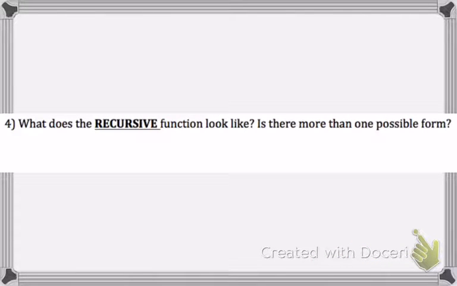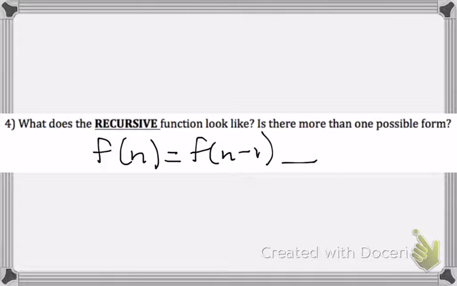Okay, recursive function, very much the same as your recursive function for an arithmetic or linear. f of n equals f of n minus 1, fill in that blank, and then usually with the f of 0 equals something.